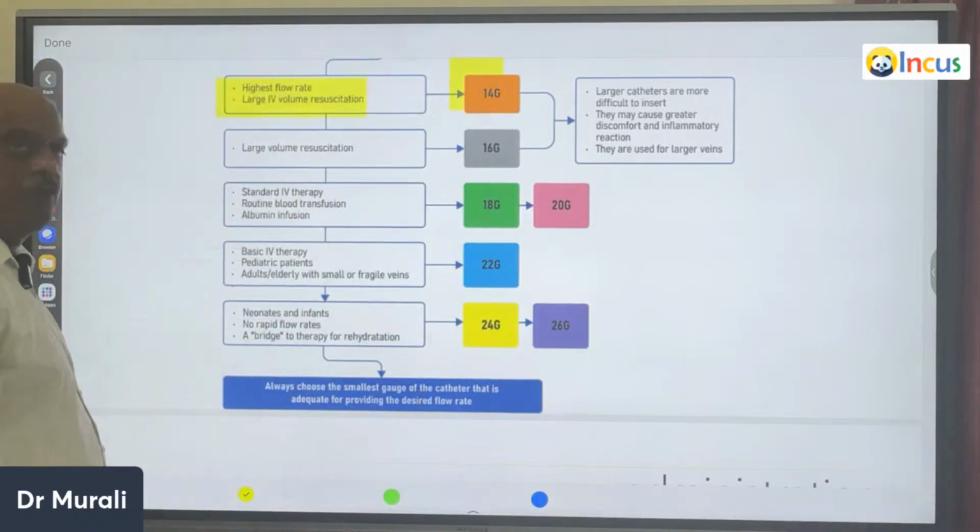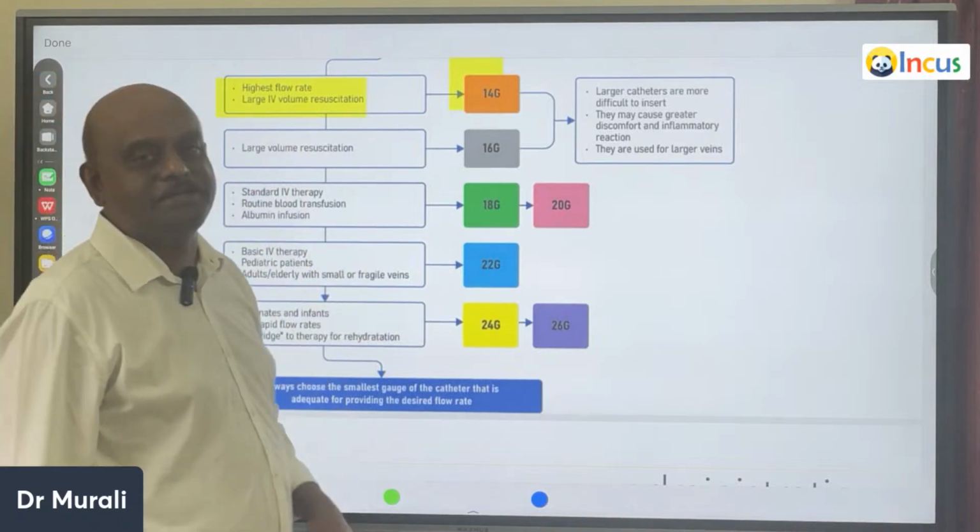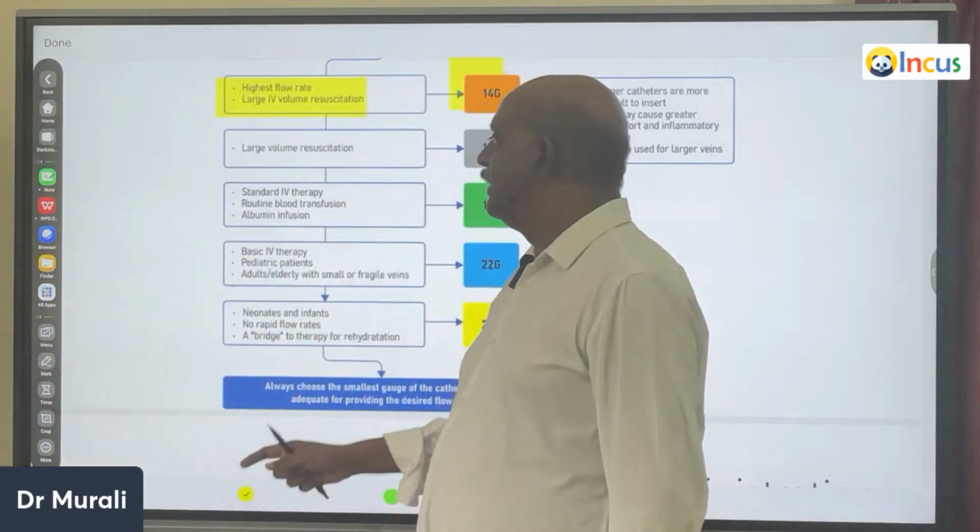14 gauge has the highest flow rate and it is used for IV volume resuscitation. Right?